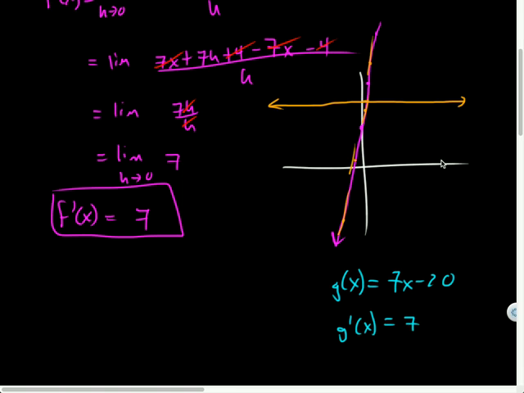Let's say this intersects way down at negative 20, there's my g of x. It's the slope that matters to us. The y-intercept actually has no effect at all, and we'll see that the y-intercept is negligible when it comes to derivatives. We'll see that come into play a lot when we're considering antiderivatives.